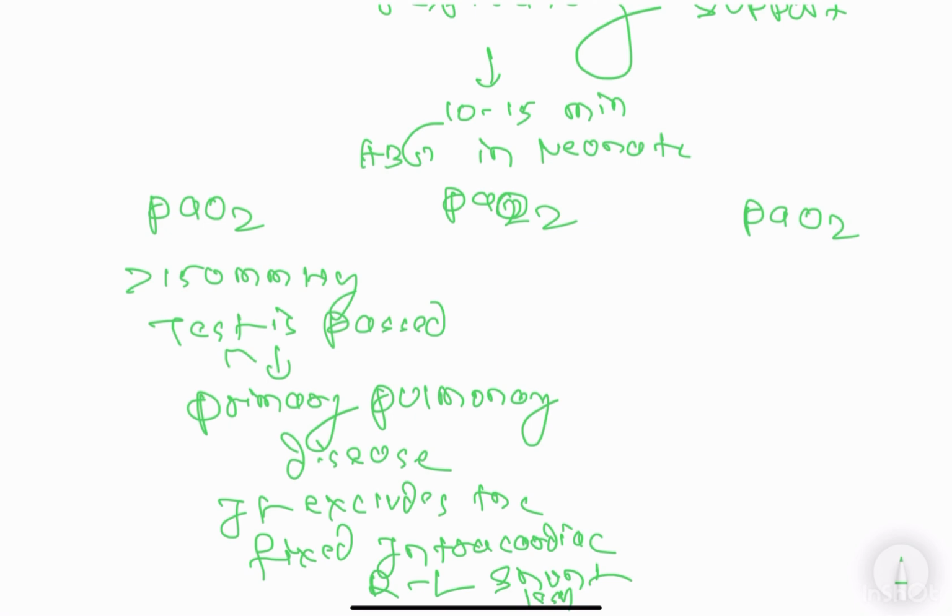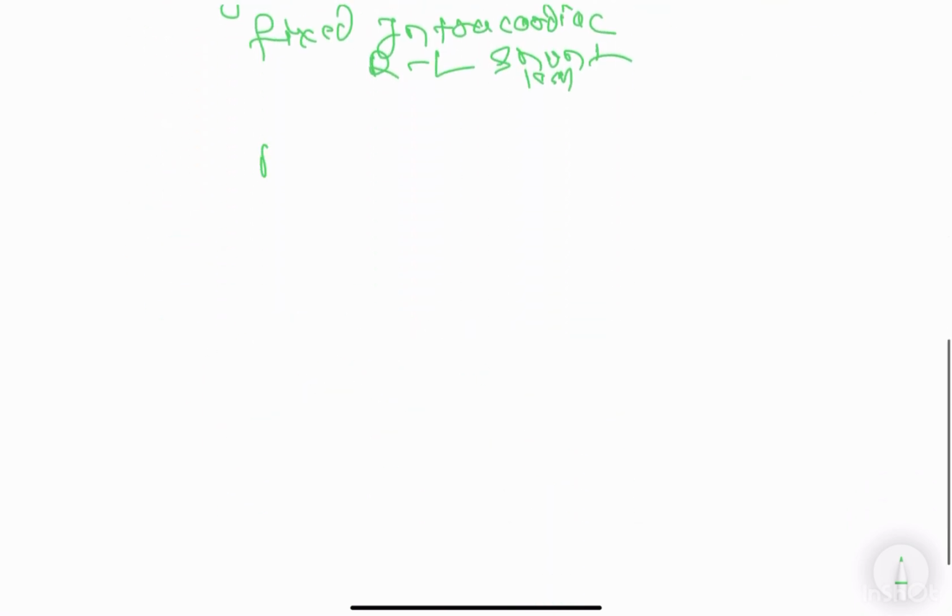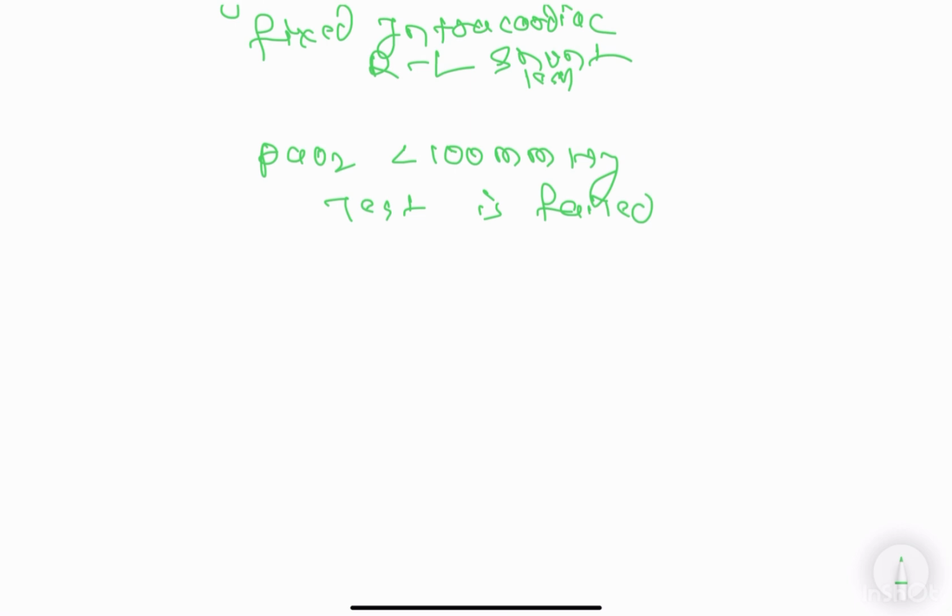And if the partial pressure of oxygen is less than 100 mmHg, the test is failed. Test failed means there is possible critical structural cyanotic heart disease, like ductal dependent cyanotic congenital heart disease.